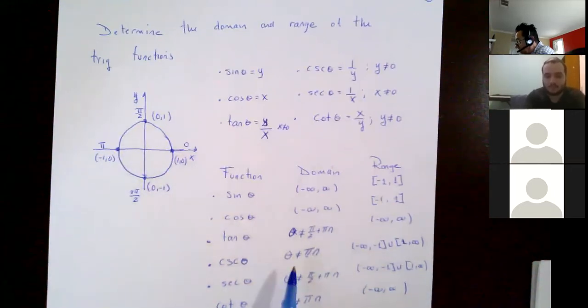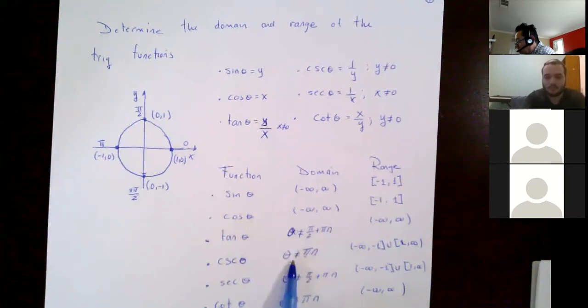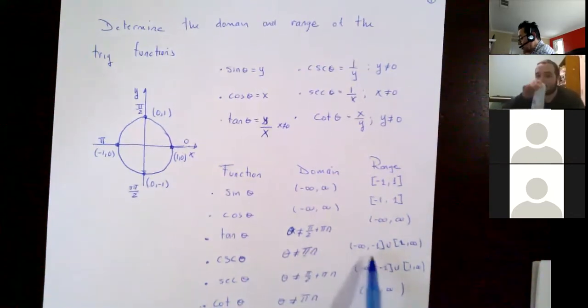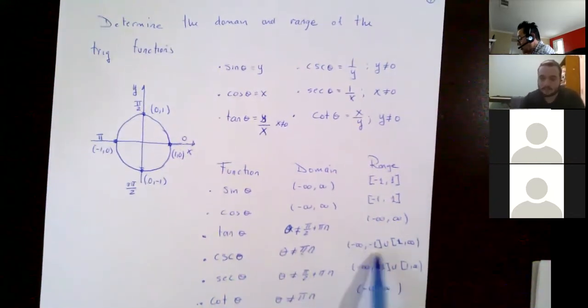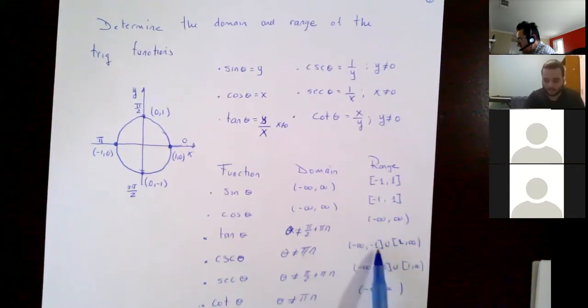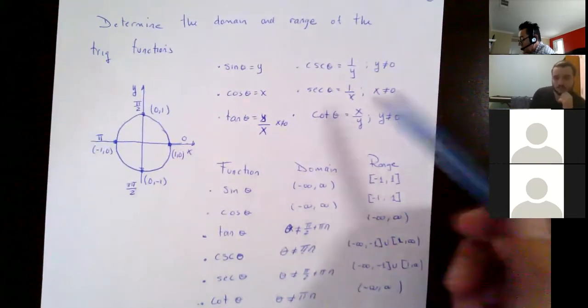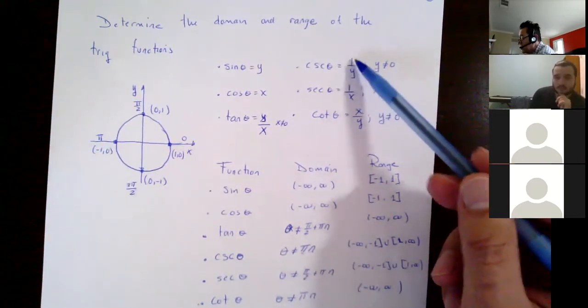So the domain of the cosecant is all the numbers except when we have an even multiple of pi. The range is from negative infinity to -1, union 1 to infinity. Why do we have the range given that way? Because the cosecant, as we said, is the reciprocal of the sine.